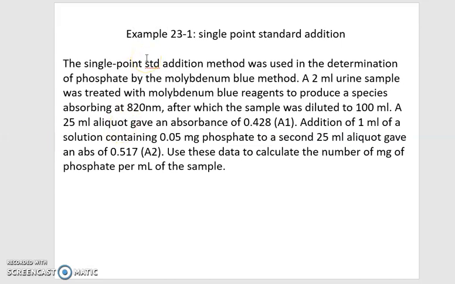In this example, how do we determine the concentration of analyte using the single point standard addition approach? It asks us how much is the concentration of phosphate present in urine, where the concentration that they want is in unit milligram per ml.